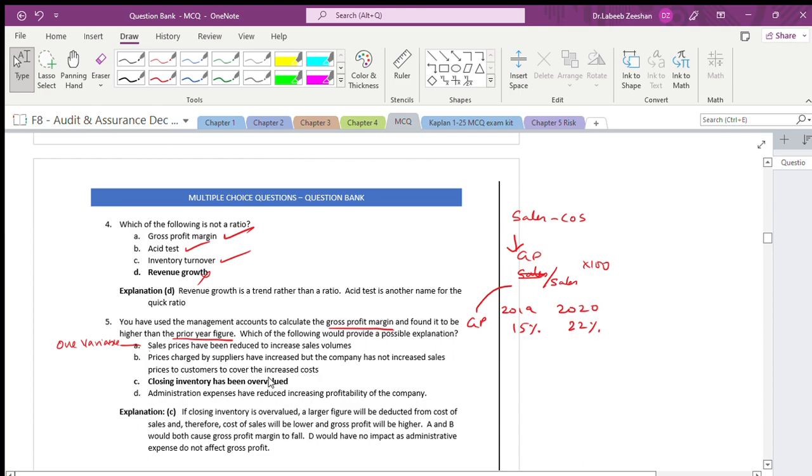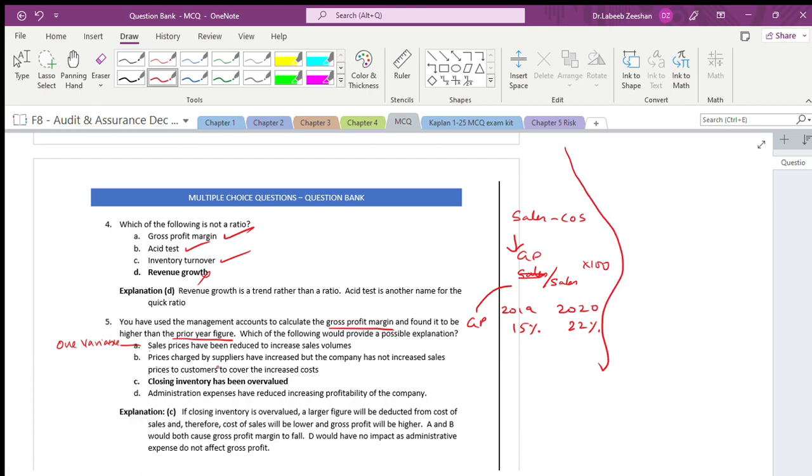Now, prices charged by suppliers have increased, but the company has not increased the prices to customers to cover the increased cost. See, you put it like this, very simple. You have to put by numbers.